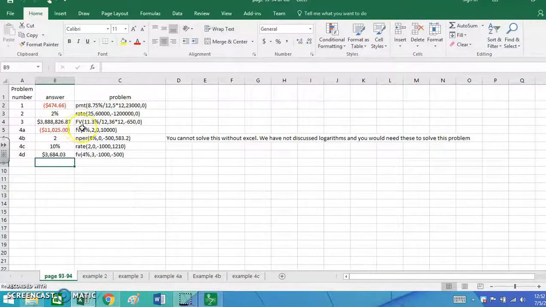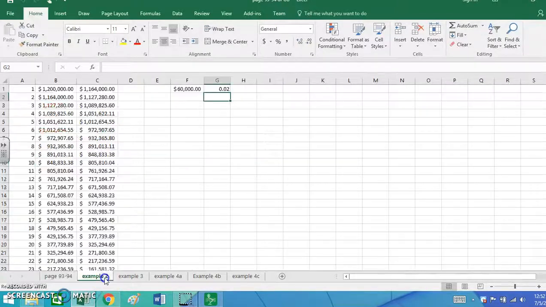The third example, the future value, if I put $650 in, would be 11.3% divided by 12, because it's monthly payments, comma, 36 times 12, comma, negative 650, comma, 0, and I end up with $3,888,826.87.